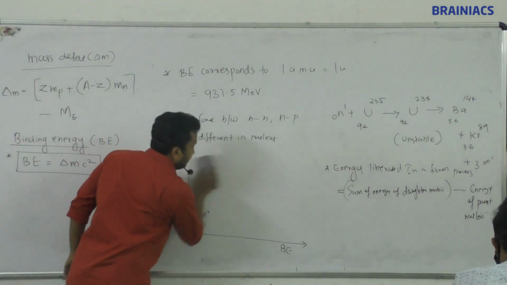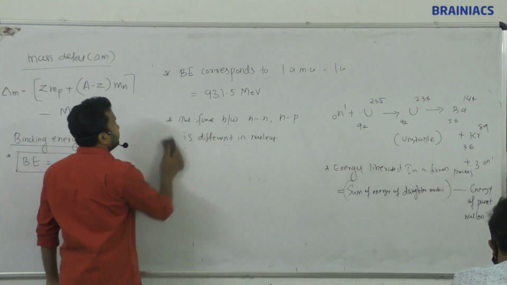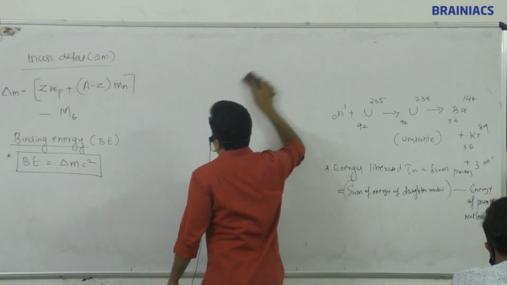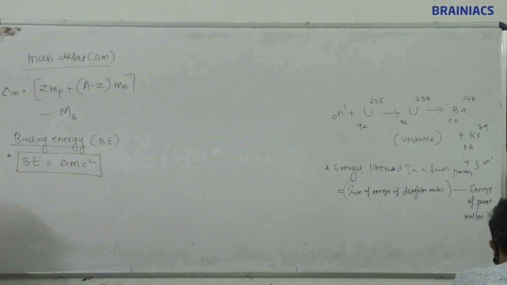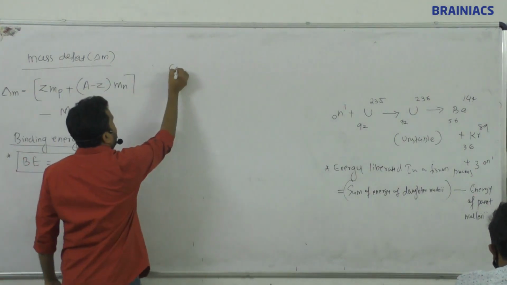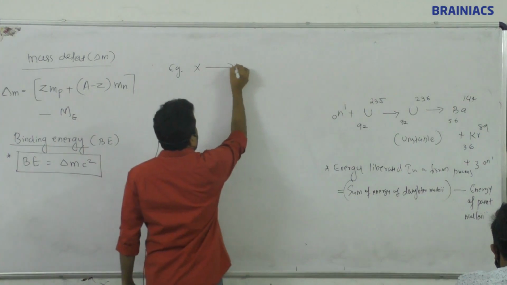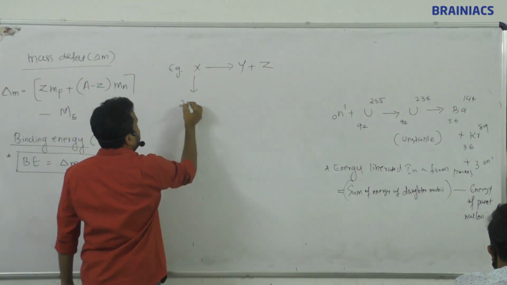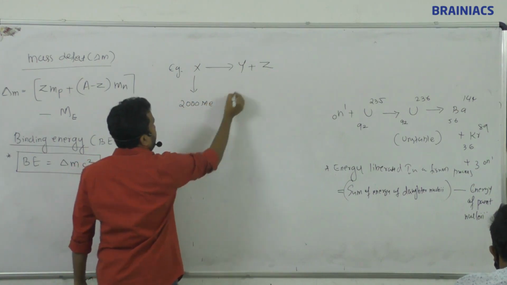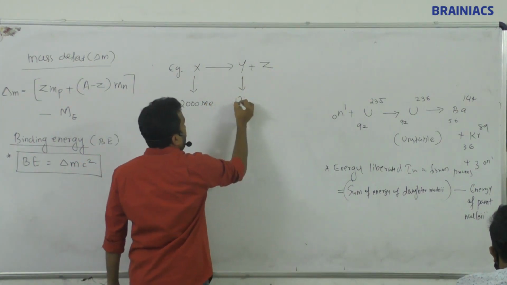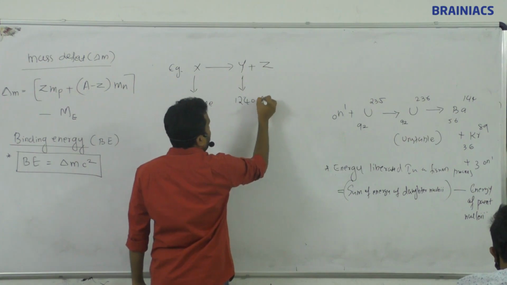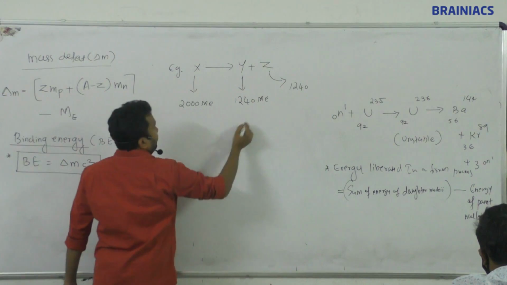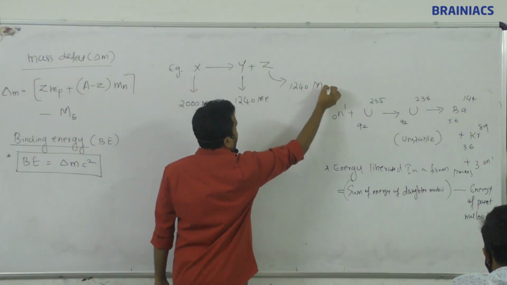Let's take an example, just an example. An element X is converted into, for example, Y plus Z. The energy of X is, for example, 2000 mega electron volt. Energy of Y may be 1240 mega electron volt, and energy of Z is 1240 mega electron volt.